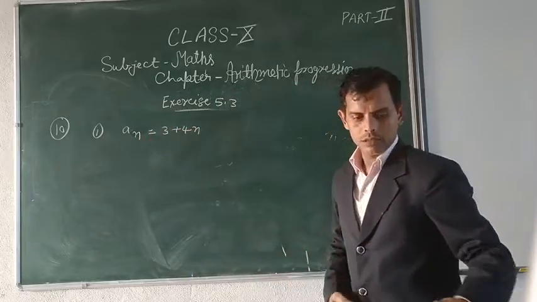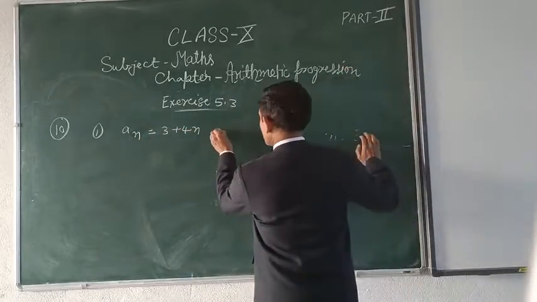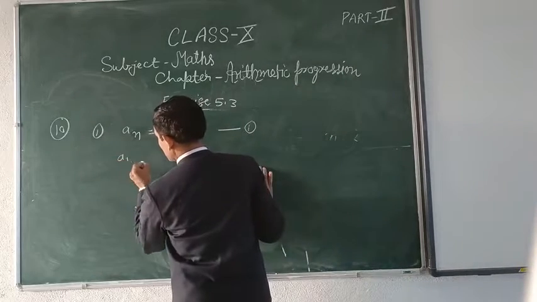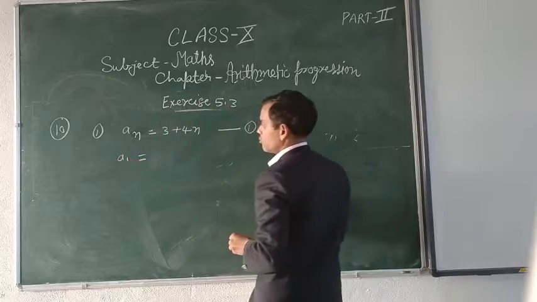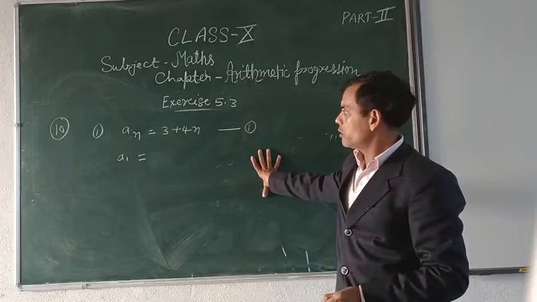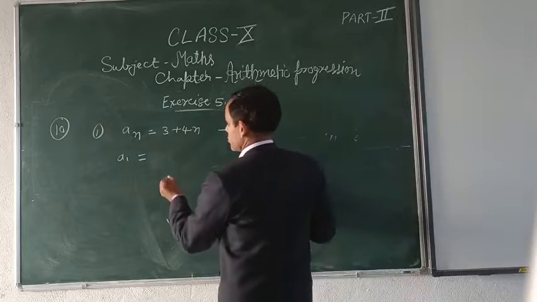Then this is taken as question number first. If we try to find a1, then in place of n we will put n equal to 1.